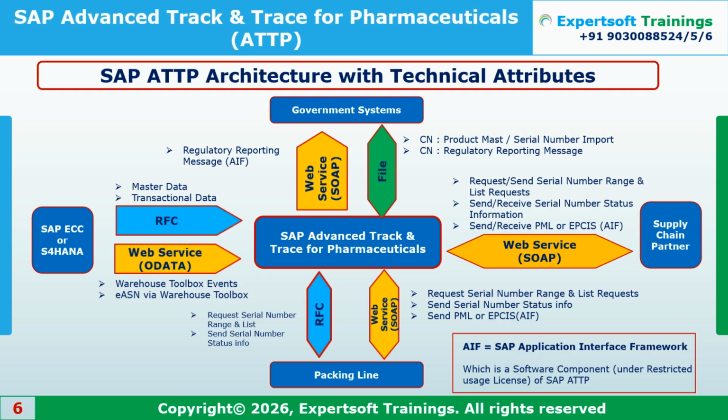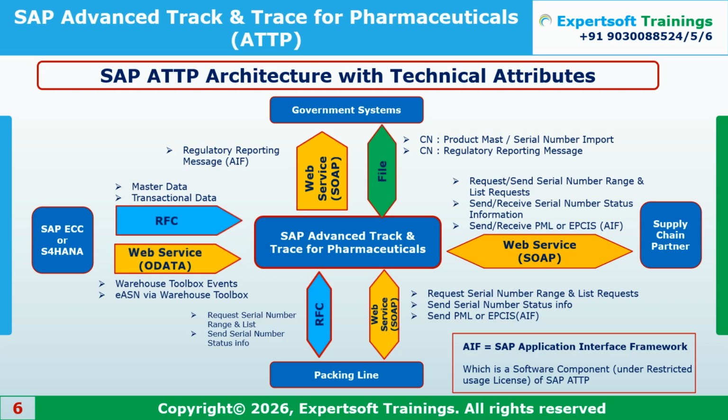And once the information has been received from all these three sources, and it is sufficient to send data out from ATTP to government systems, it will send an EPCIS file to government systems. Rather, the government systems will not be directly connected, but in the middle there will be a communication layer of SAP ICH, right?